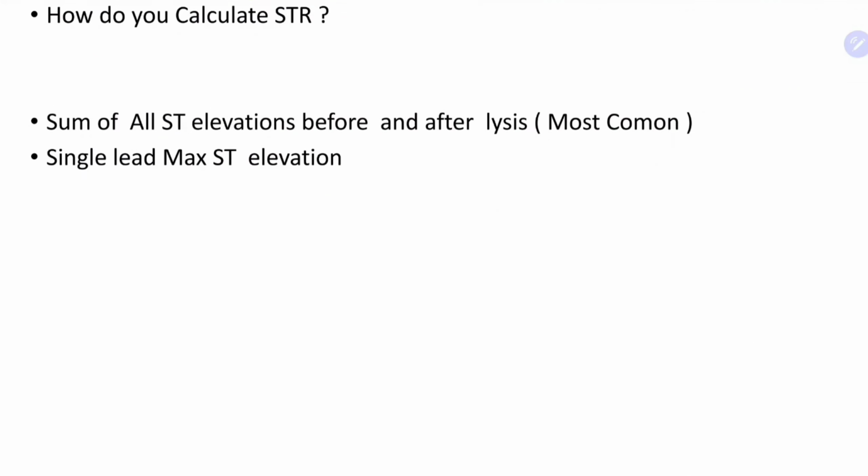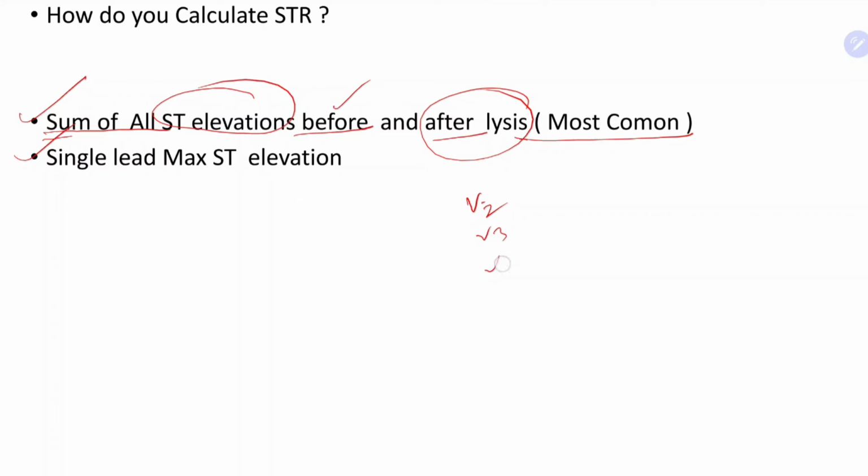How do you calculate ST segment elevation? Here you have two methods. The method most commonly used is the sum of all ST segment elevations before and after thrombolysis. If you have ST segment elevation in V2, V3, V4, V5, you should calculate individually.